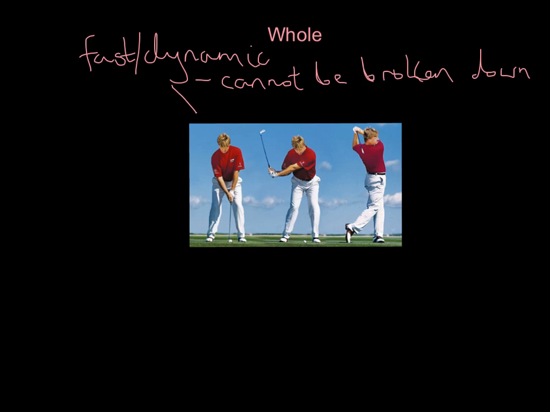You can't break a golf swing down and coach it in parts, so we've got to use the whole practice method. It's often used when the skill is relatively simple, okay? I'm not saying a golf swing is easy, but there aren't lots of joints moving in lots of different directions all at the same time. It's one steady fluid movement.